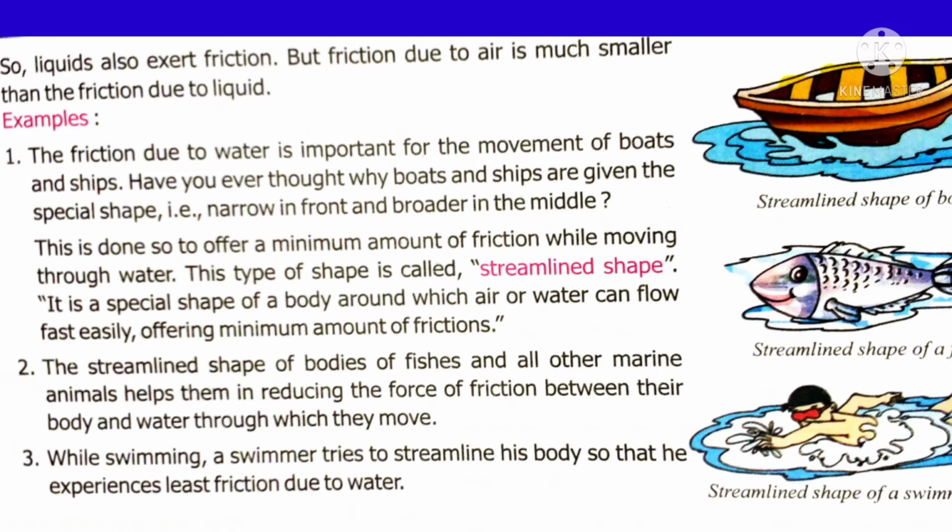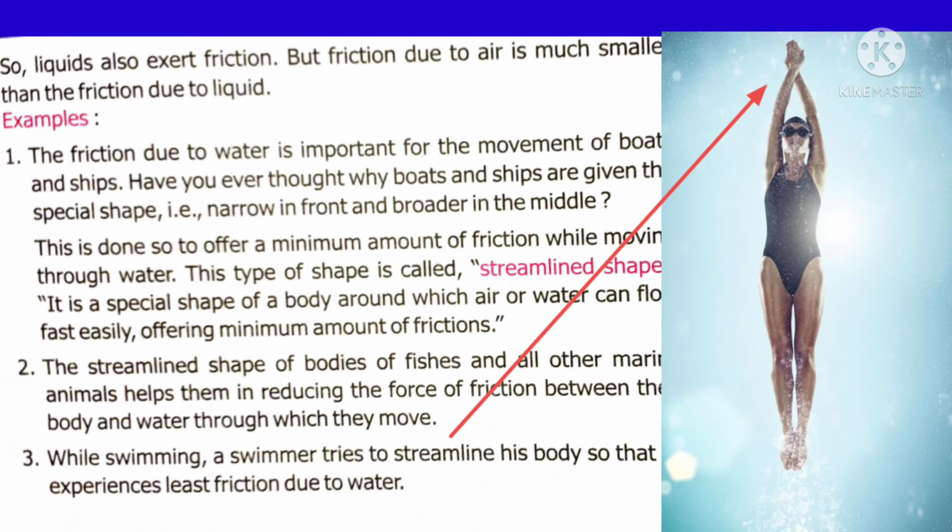So in order to overcome this friction, their bodies are narrowed in front, or spindle in shape. We can also say their bodies are streamlined. Why do these fish have a streamlined shape? In order to minimize the amount of friction, their bodies are made in such a way. While swimming, a swimmer tries to streamline their body in order to reduce the friction exerted by water.